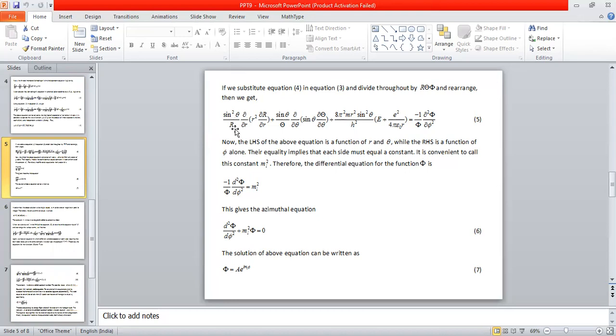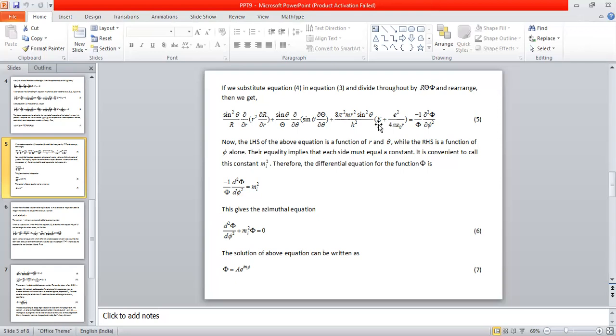So sine square theta divided by R, d by dr of r square dR by dr, plus sine theta divided by Theta, d by d theta of sine theta dTheta by d theta, plus 8 pi square m r square sine square theta divided by h square, times E plus e square divided by 4 pi epsilon naught r. Students should not get confused here.